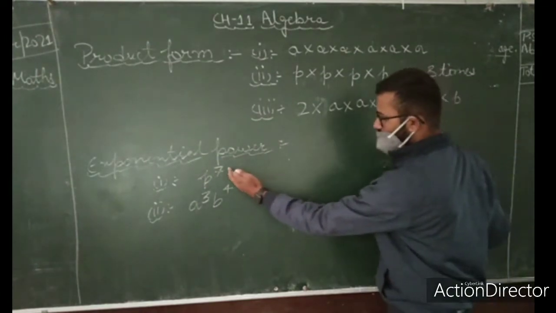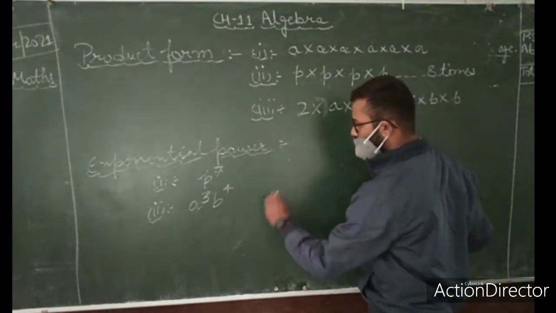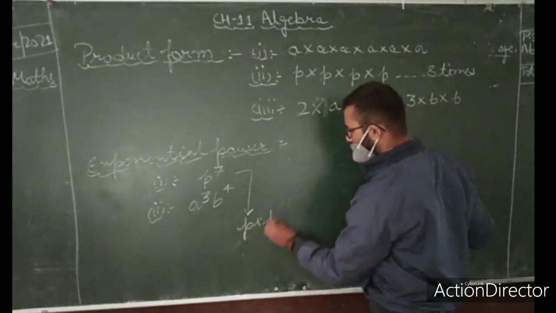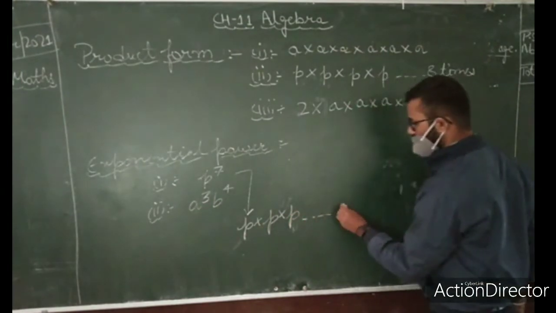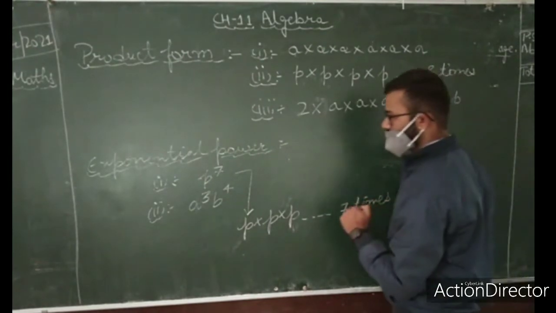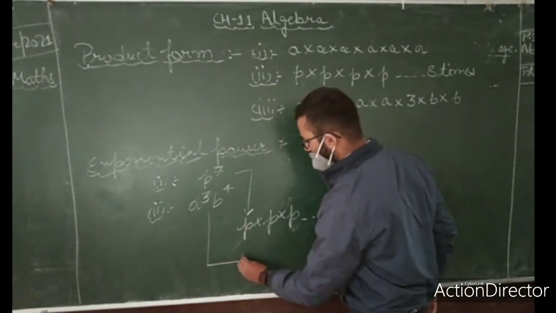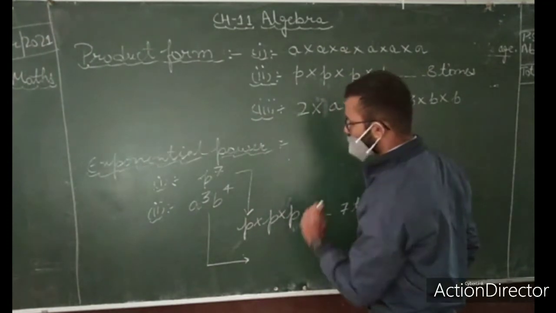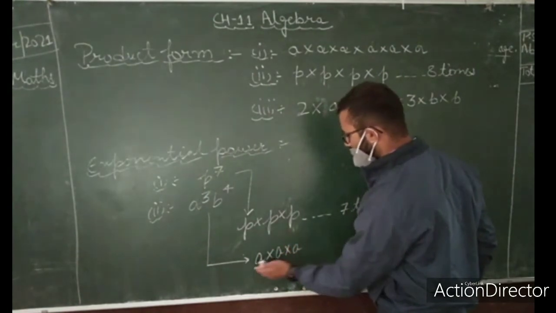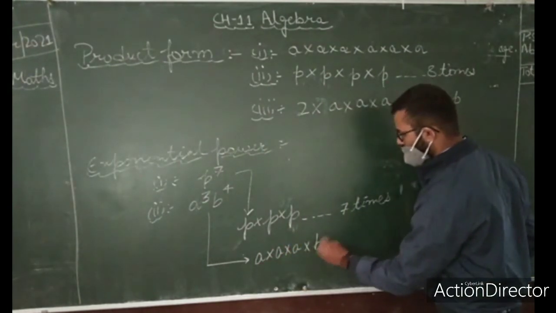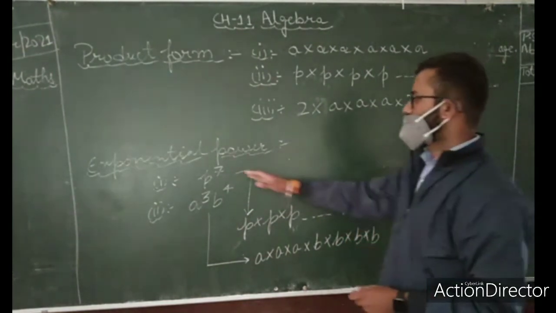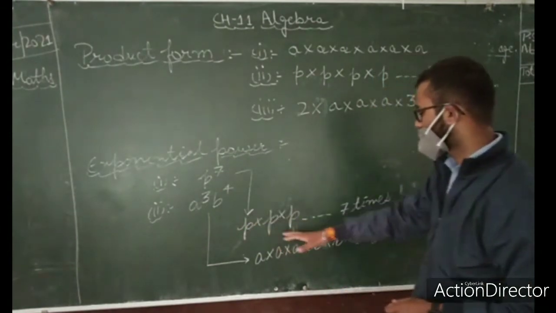If we write this exponential power in product form, then we write p multiplied by p, total 7 times. This is the product form of this exponential power. And the second part in product form is a multiplied by a 3 times and multiplied by b into b into b. So this is the exponential power form and this is the product form.